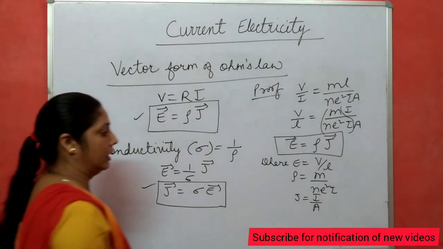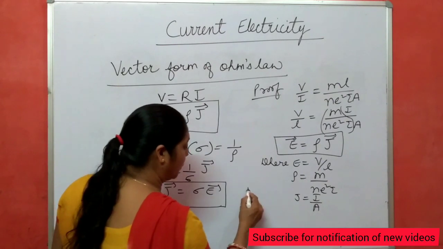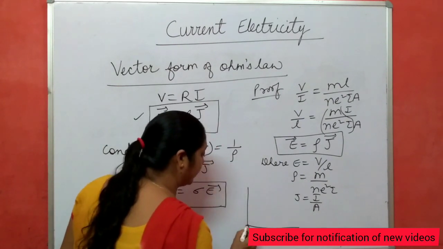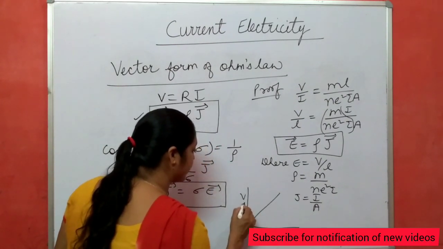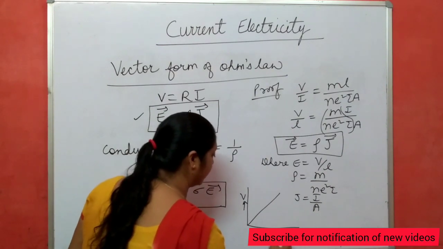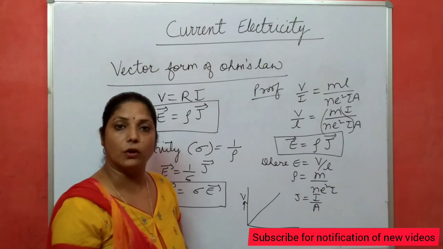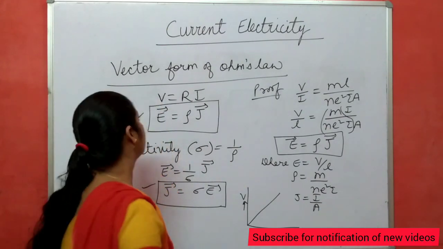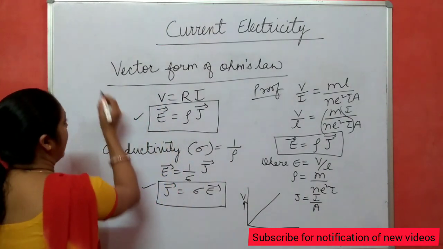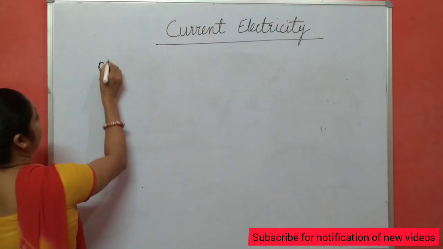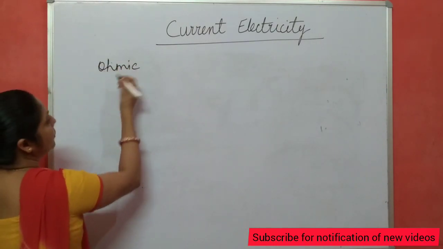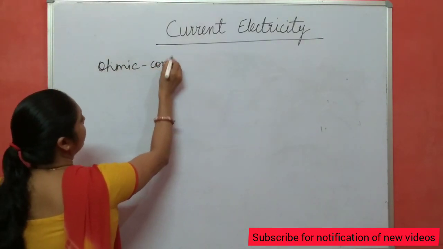And you know, any conductor which obeys Ohm's law gives a graph like this one. This is V and this is I. Those conductors which obey Ohm's law are called ohmic conductors. There are two types of conductor. One is the ohmic conductor.